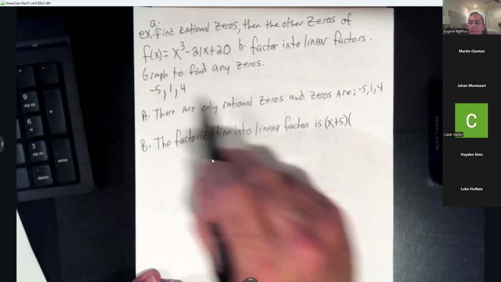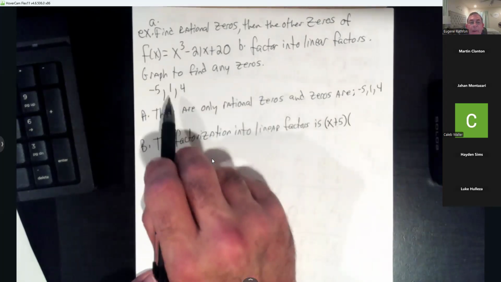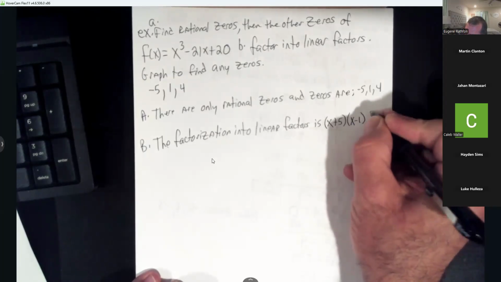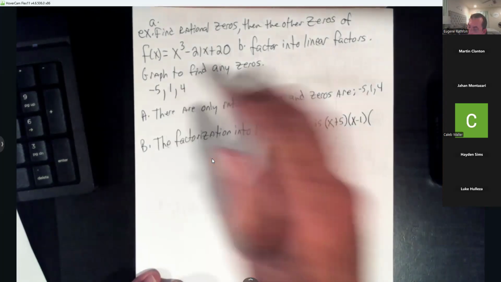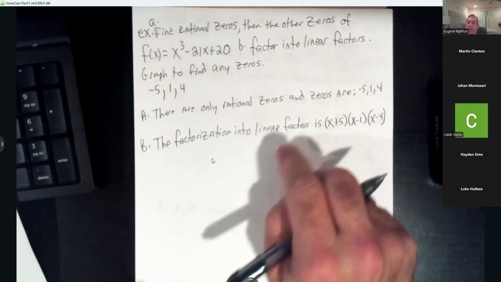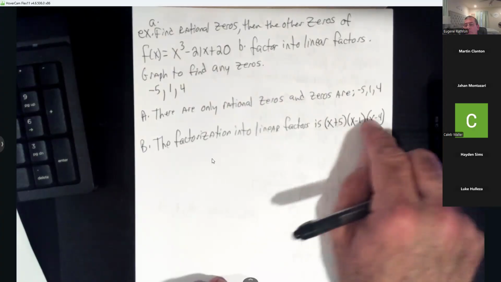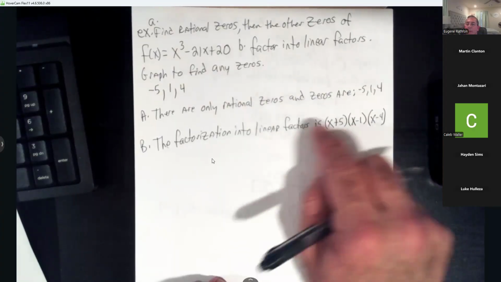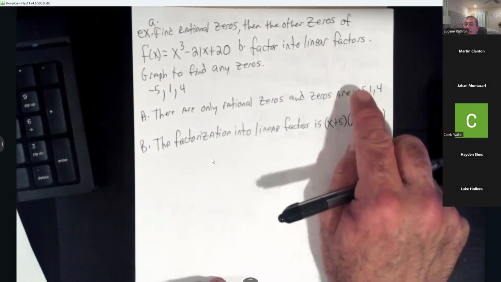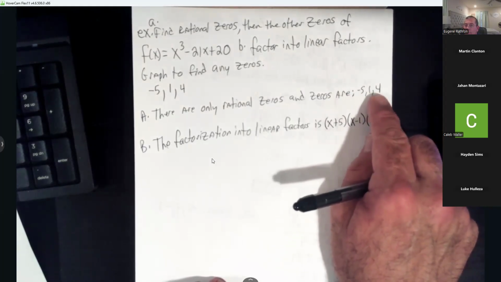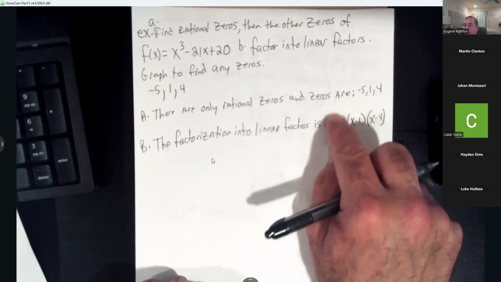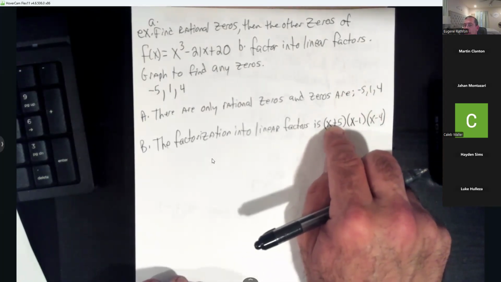So since that's negative 5, you'll put x plus 5. Since this is 1, you'll put x minus 1. And then since that's positive 4, you'll put x minus 4. So they're just wanting y'all to realize in the long run that the factors always have opposite signs than the zeros. Just like I did on the first 3, I started with negative 5, but my factor was an x plus 5.